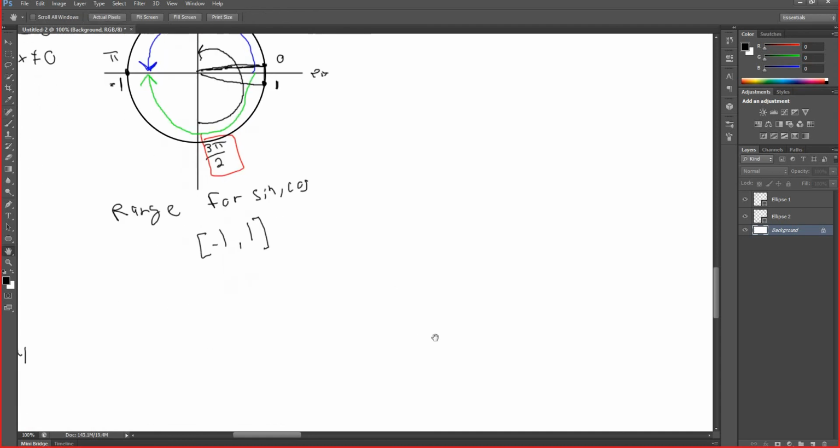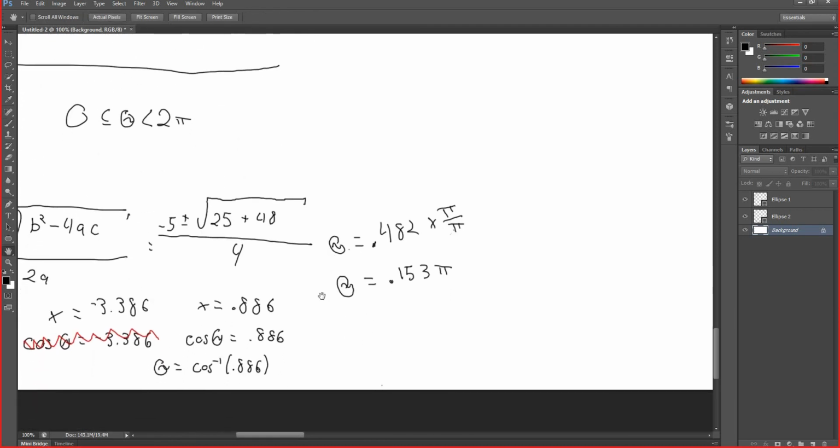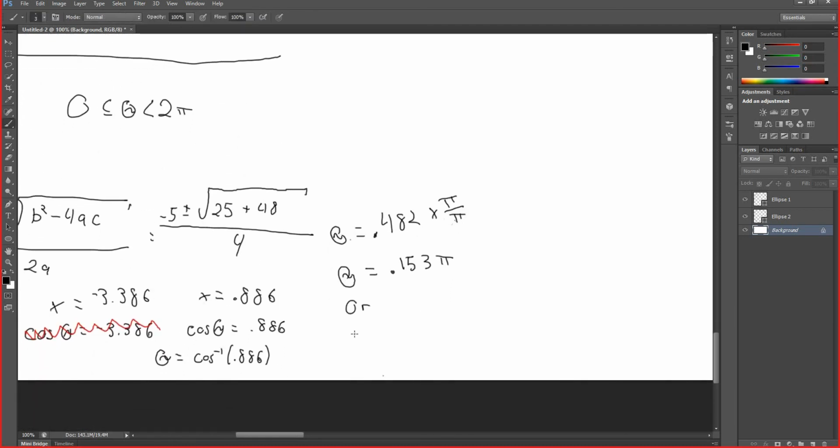So to find my second answer, I'm going to say theta is equal to 2 pi minus 0.153 pi, which is equal to 1.847 pi.